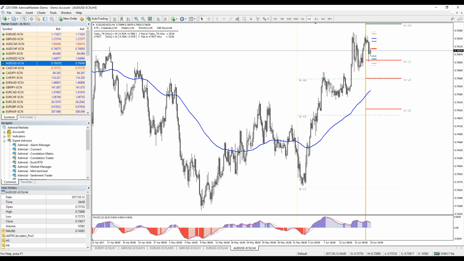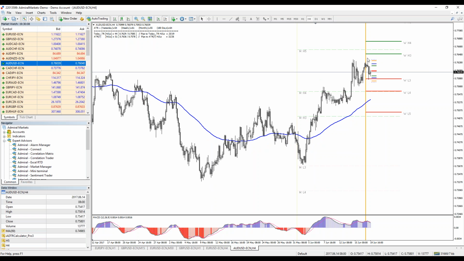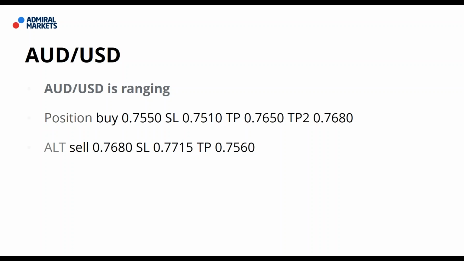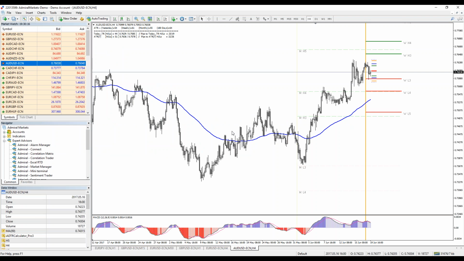Here you can see it. Australian dollar, it's trying to go higher. But then again, 75.50 is a POC zone.